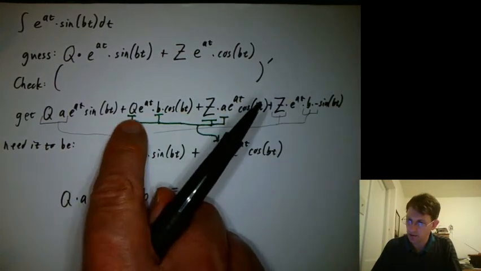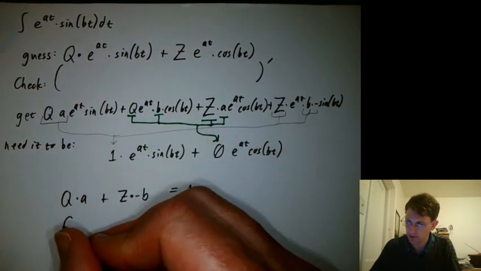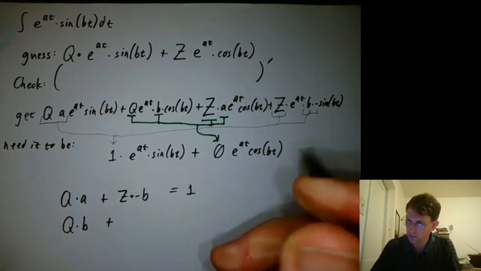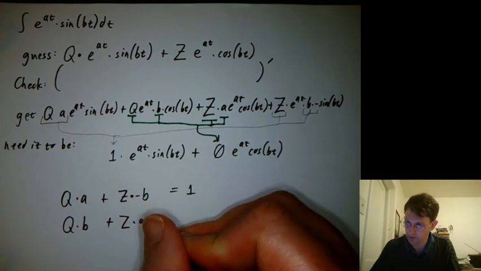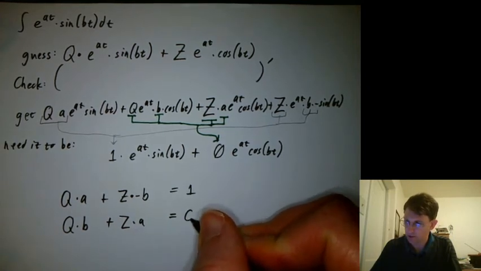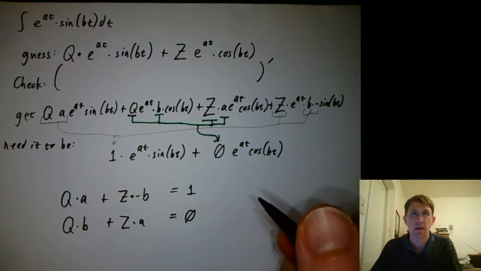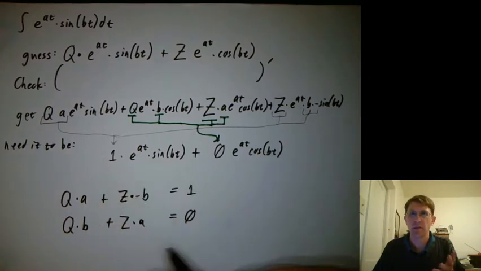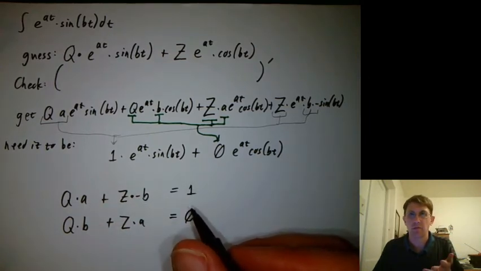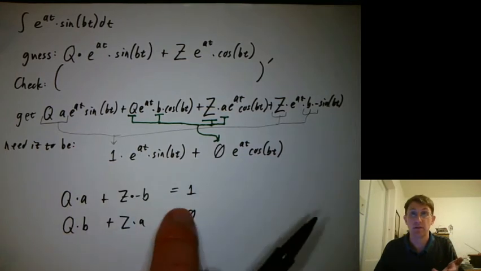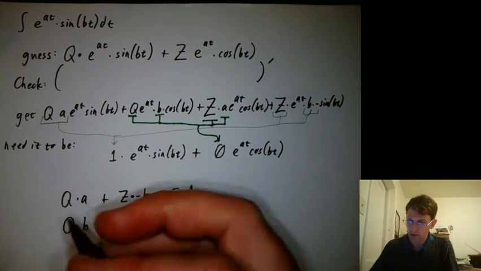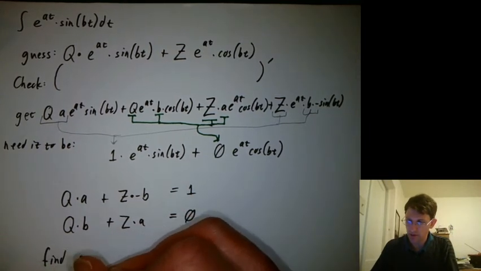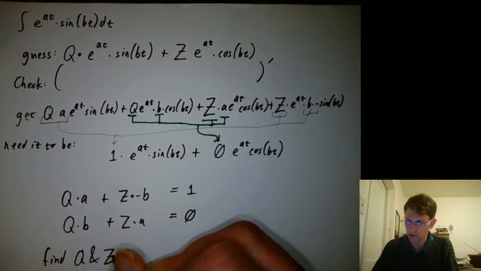And I need q times b plus z times a to equal 0. And is that something you can do? Maybe you've seen systems of this. This is a linear system with two variables and two equations, so that's good. So I need to find q and z to make this true.